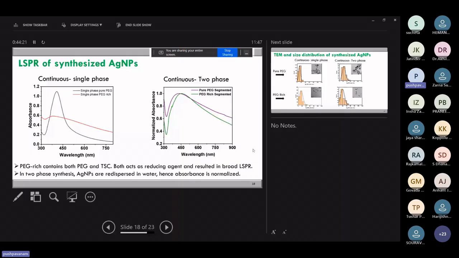The presence of this peak shows you that there are silver nanoparticles present. The sharper the peak, the greater the amount of nanoparticles. The lesser the spread, the better it is. I'm just trying to show that whichever method we have used for synthesizing the nanoparticles shows this.